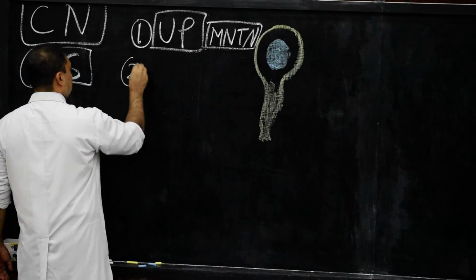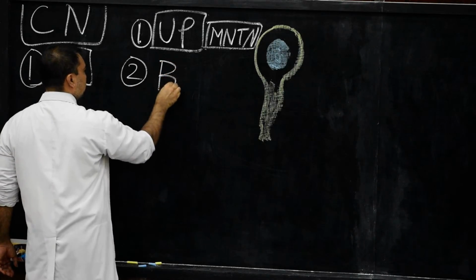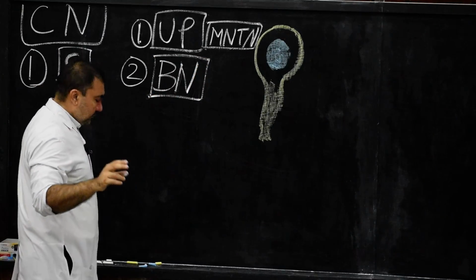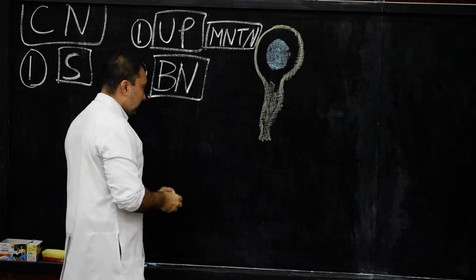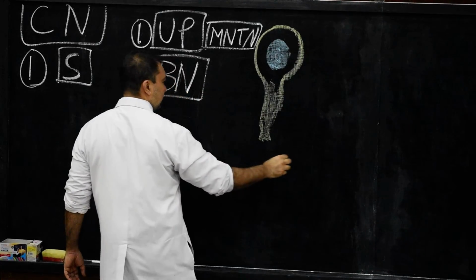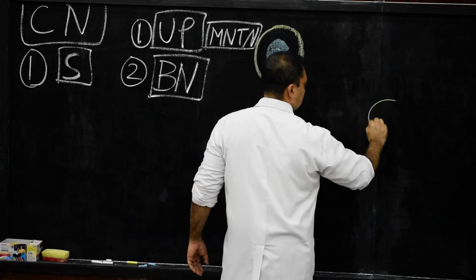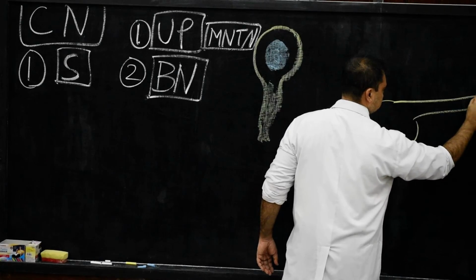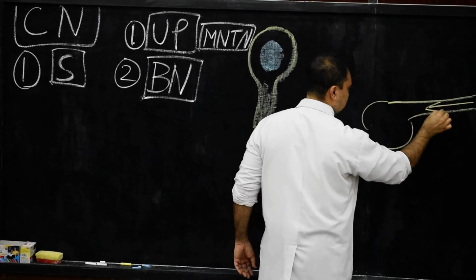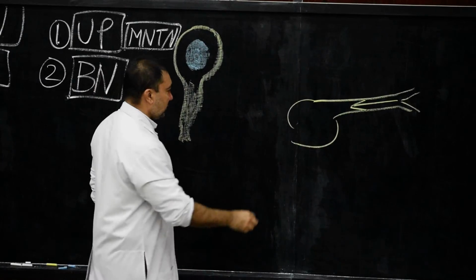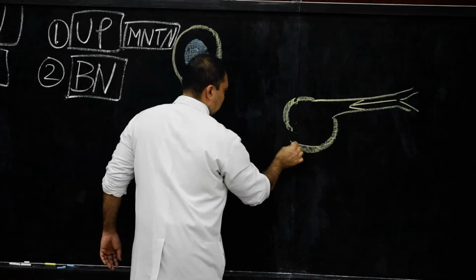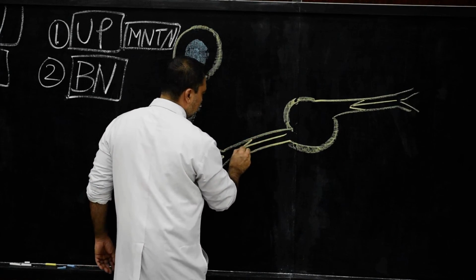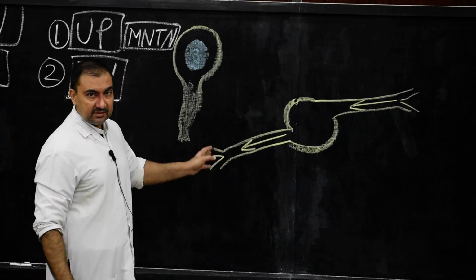Now second is the bipolar neuron. This bipolar neuron will have two processes. If we draw the bipolar neuron, one process comes from the peripheral part towards the cell body, and another process passes away from the cell body towards the central nervous system.